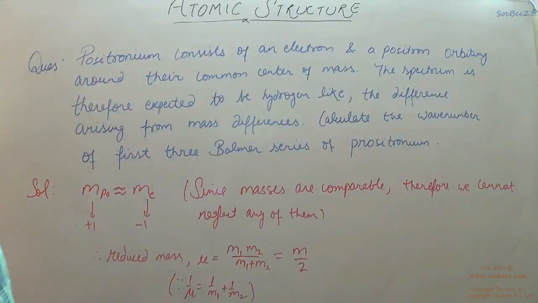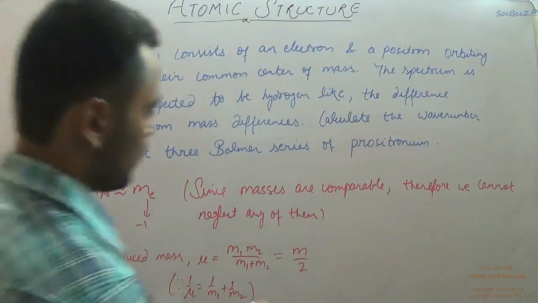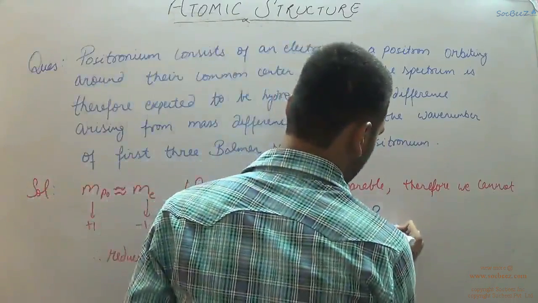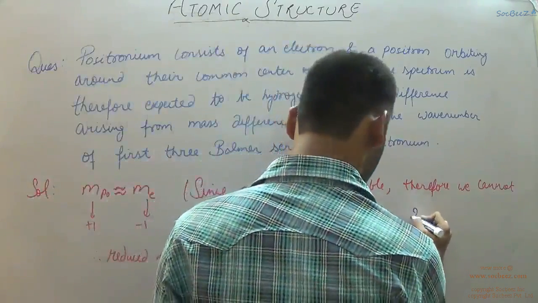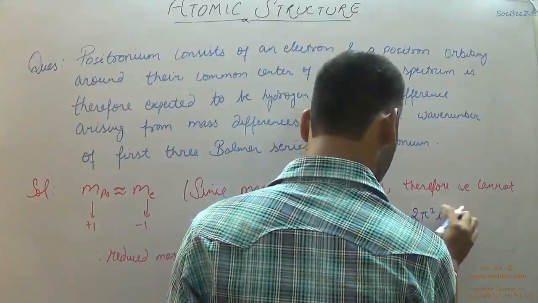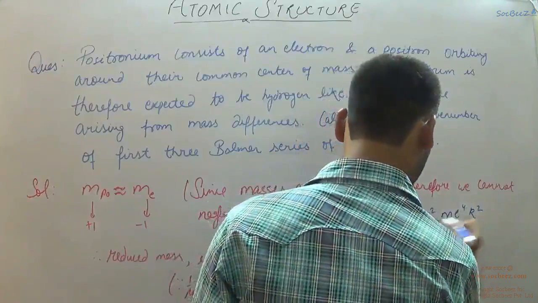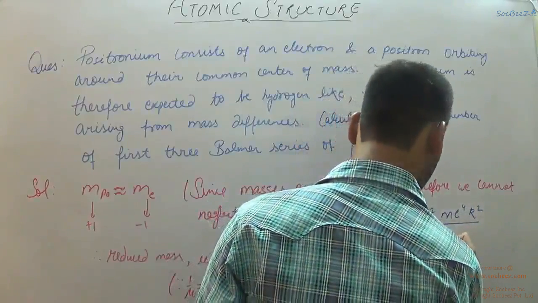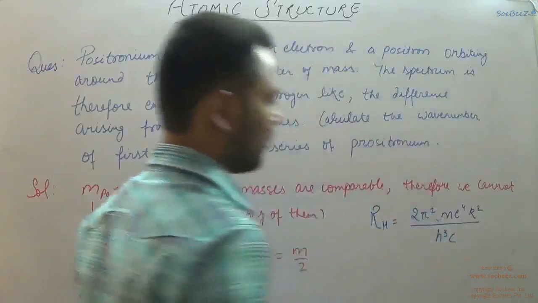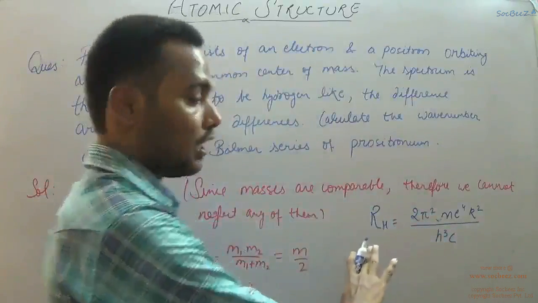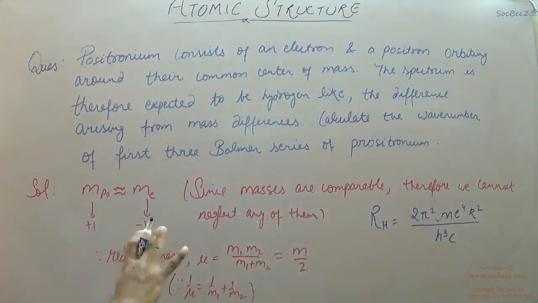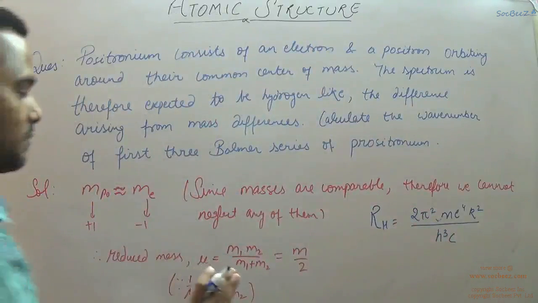Now we know that R_H, the Rydberg constant, is 2 pi square m e raised to the power 4 k square upon h cube c. This is the Rydberg constant in case of an electron, when we consider the electronic spectrum.